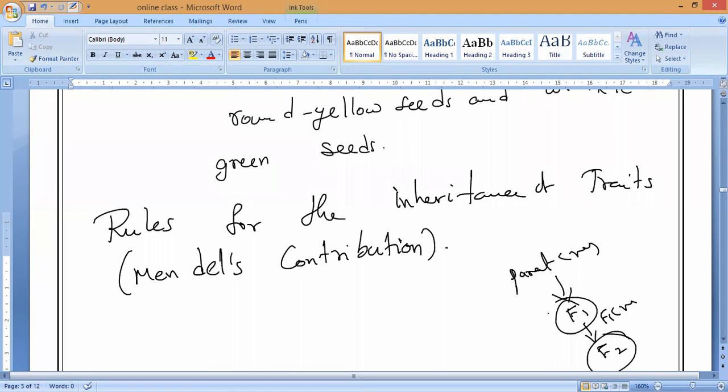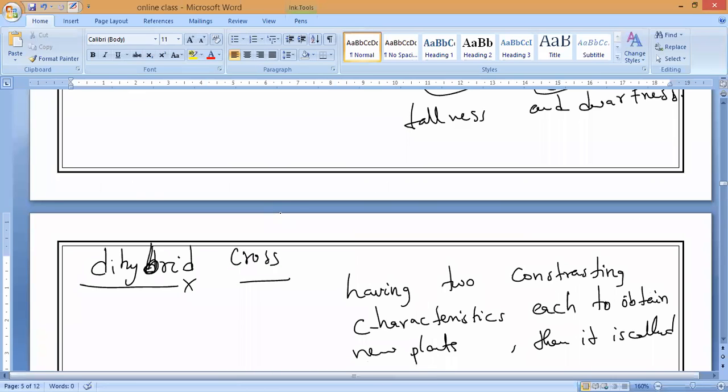So till here, everybody, monohybrid cross as well as dihybrid cross, chromosomes, genes, dominant gene, recessive gene, genotype, phenotype, and F1 and F2 generation. Everything clearly study, and why Mendel chose the pea plant. That is the most important thing you have to remember. What are the easily visible characteristics of pea plants?